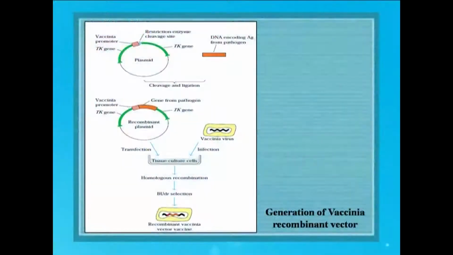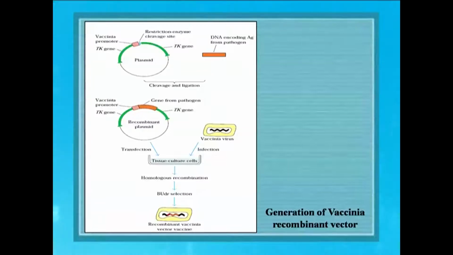When given into a host, it will replicate inside the host and produce the foreign proteins, and these foreign proteins will activate the immune system. So far, studies have shown that many viruses like vaccinia, canarypox virus, adeno-associated virus, and many attenuated strains of salmonella can be used as these vectors.